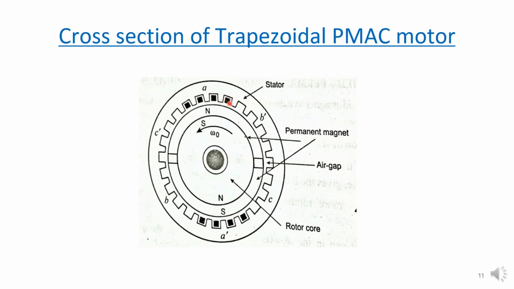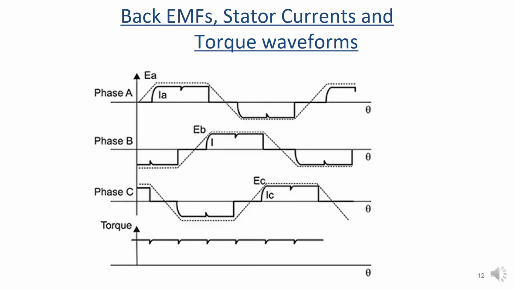In the stator we have the stator windings, and we have the rotor here. This is the rotor core. Between the stator and the permanent magnet rotor, we have an air gap. This is the air gap.